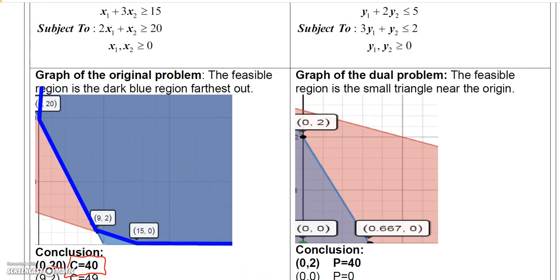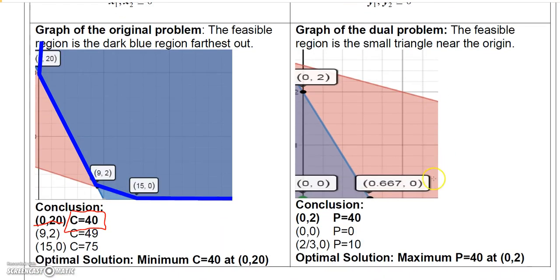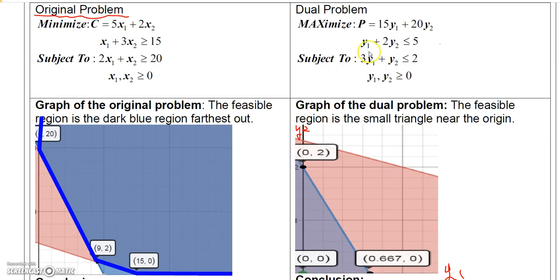Now, if I solve the dual problem the same way by graphing, of course if you solve the dual problem, this would be y1 for the x-axis and y2 for the y-axis. But still, if you actually graphed this, the graph would look something like this.